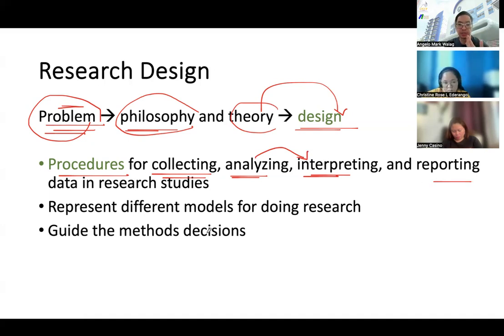The research design also represents different models for doing research. Meaning, whichever model you're following, for example, an independent-dependent variable model, where a certain variable, your independent variable, predicts or influences the outcome of your dependent variable.